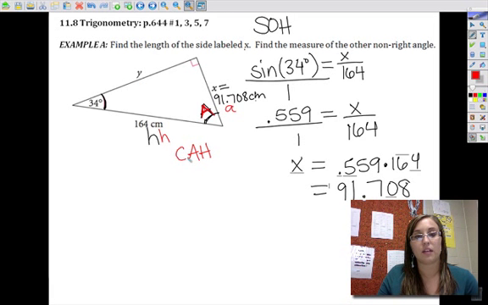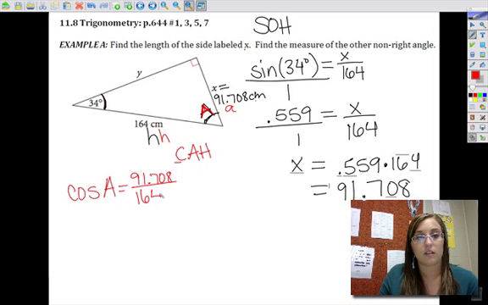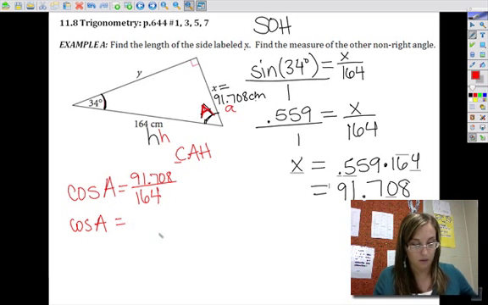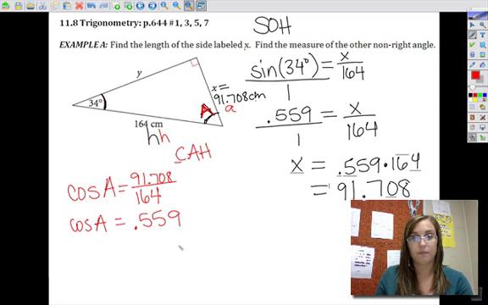That means I'm going to use the cosine. So I know that the cosine of angle A equals 91.708 divided by 164. So cosine of A actually equals, I'm going to divide this, 0.559. Okay?